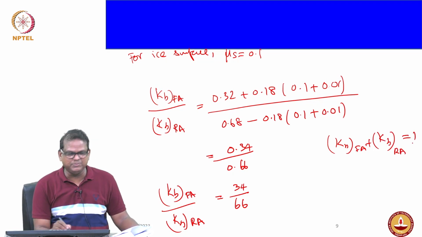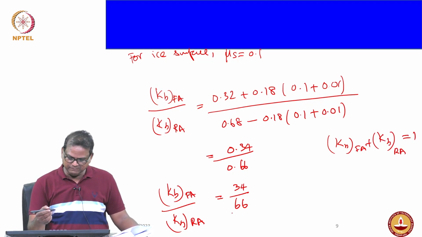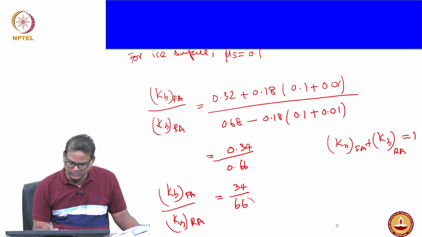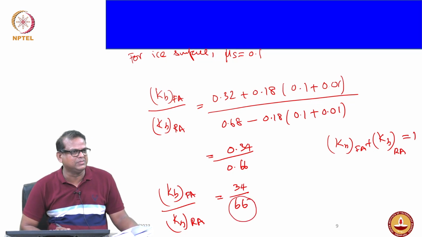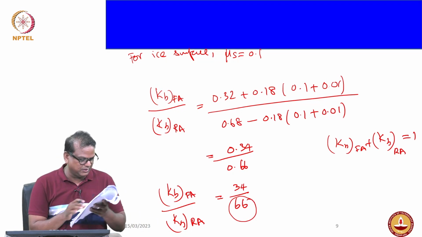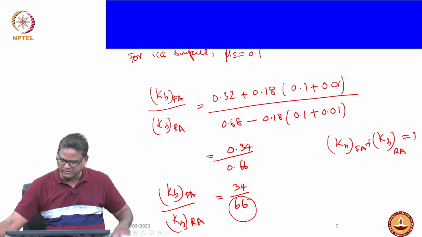That needs to be satisfied. So the question is, look at what happened when your coefficient of friction is very low. Look at what is happening at your rear axle: the proportion is changing. So this is where we need to understand how to optimize, also.